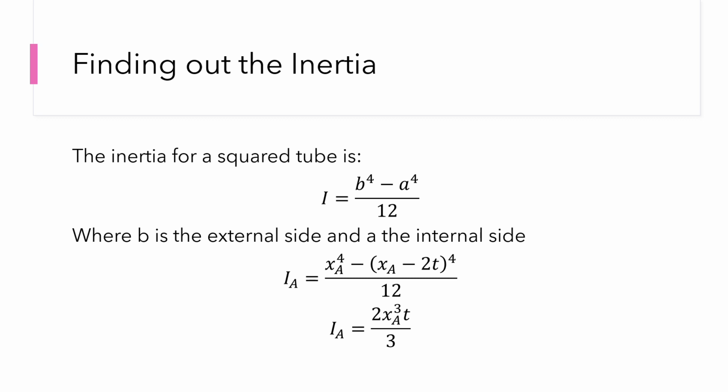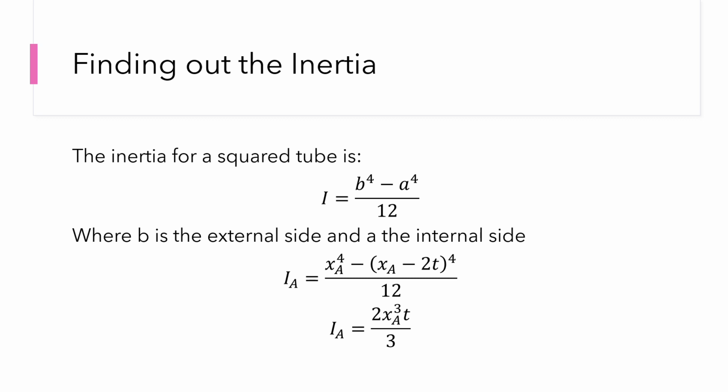So we know that the inertia of a square tube is the external side to the power of 4 minus the internal side to the power of 4, all this over 12.